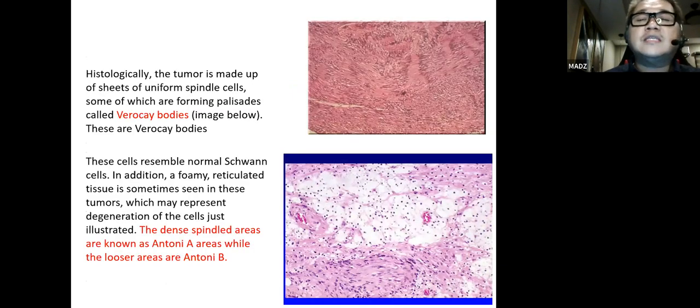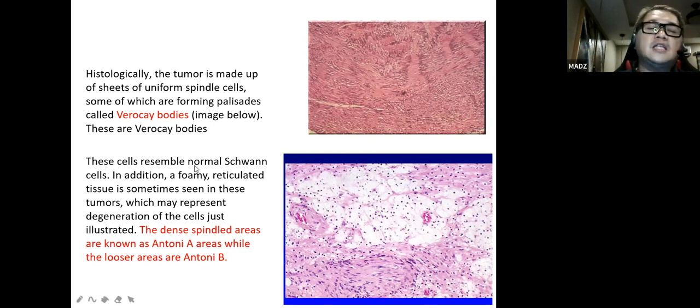Histologically, the tumor is made up of sheets of uniform spindle cells, some of which are forming palisades called the Verocay bodies. Sheets of spindle cells and your Verocay bodies.